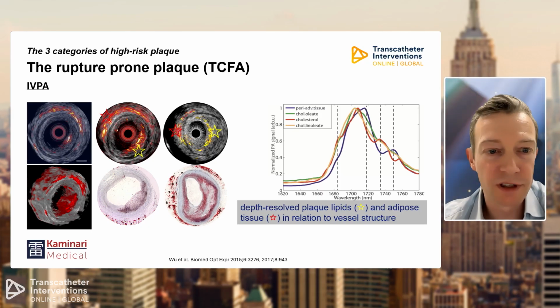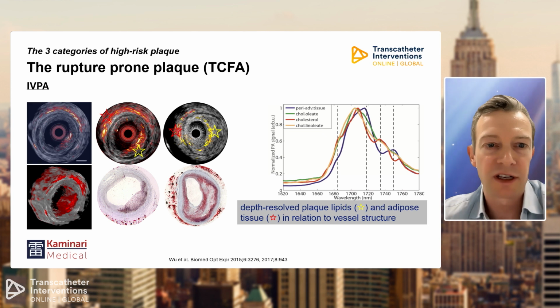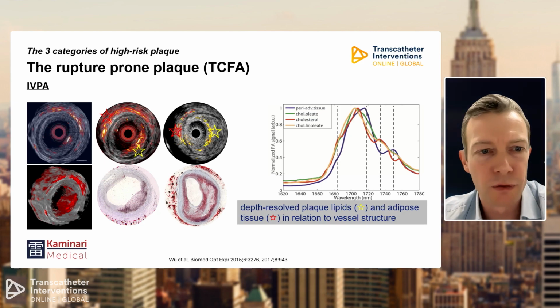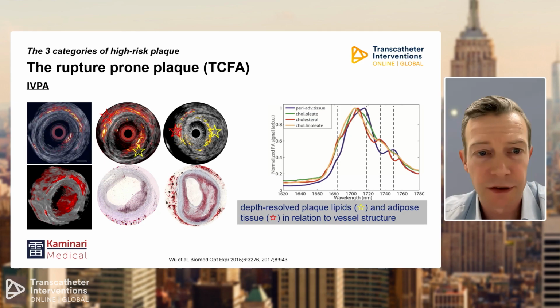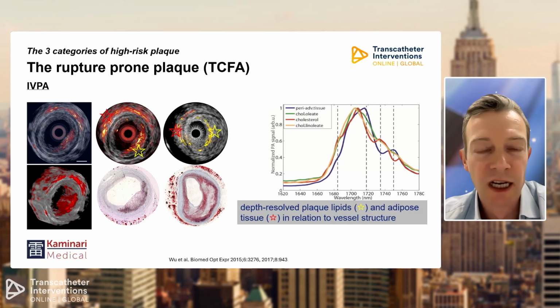Looking into more contemporary technologies, and obviously there's a plethora of new technologies that help us to identify vulnerable plaques. This is just one I wanted to briefly highlight because this is a technology very close to my heart as it is currently being developed within the Erasmus Medical Center. It's called intravascular photoacoustic, which uses photoacoustic imaging to get an even better appreciation of the amount of lipids in a particular plaque.